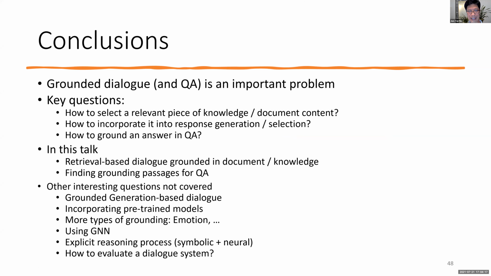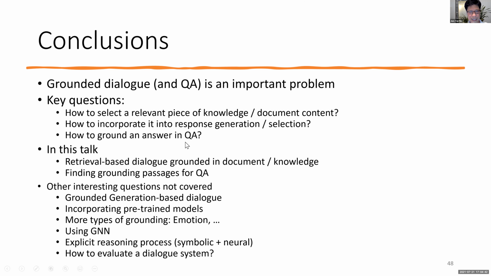So you want the dialogue to be grounded in a lot of cases. And the key questions that I mentioned in my talk are how to select the relevant pieces of knowledge or the pieces of document content to be used. And also, of course, we have to design some way to incorporate those selected pieces into the generation and selection process.